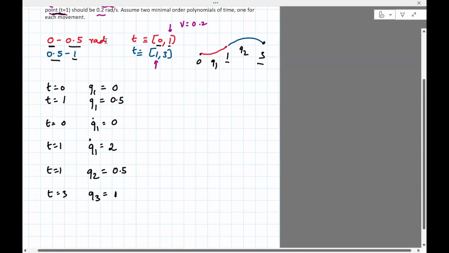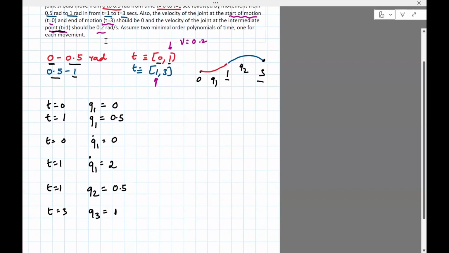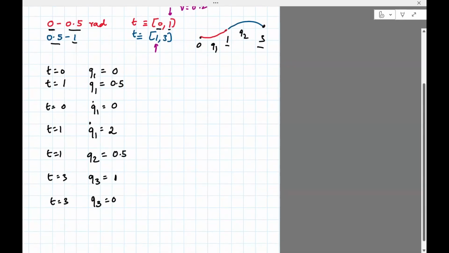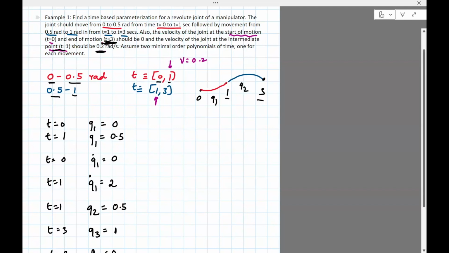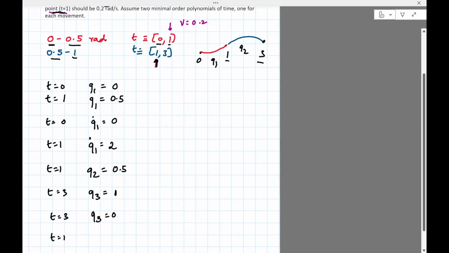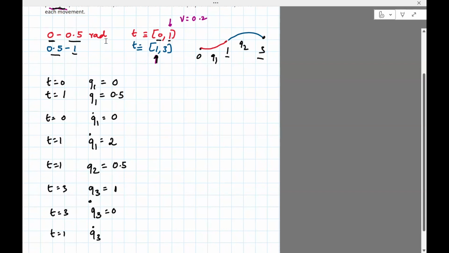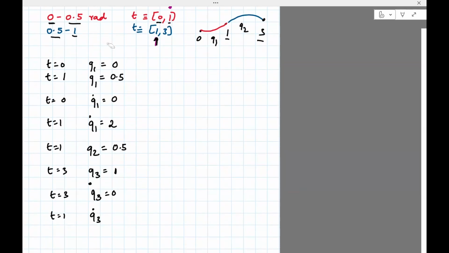We're not done yet. We still have to specify, well, told something about the velocities. So velocity at end of motion, t equals 3, 0. And then we were also told something about the intermediate velocity, 0.2. So that is at time t equals 1. So at time t equals 1, q3 dot, so this should be q2, my bad.